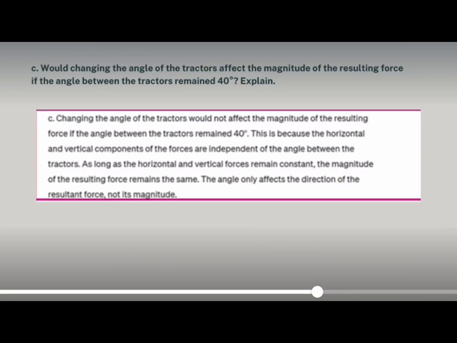As long as the horizontal and the vertical force remain constant, the magnitude of the resulting force remains the same. So the angle only affects the direction of our resultant force. It does not affect the magnitude.